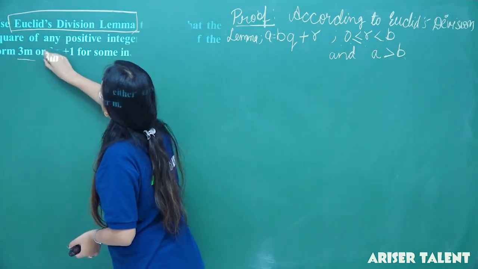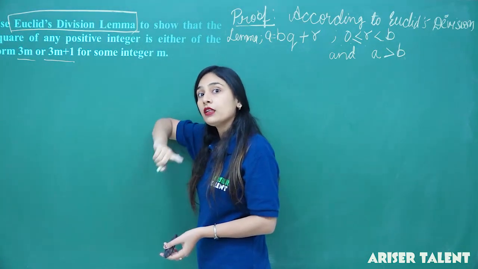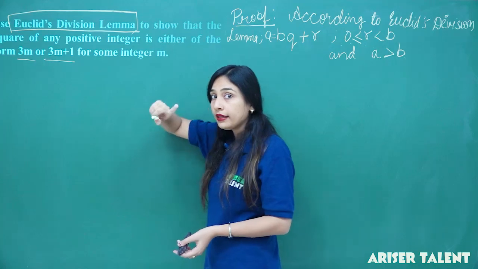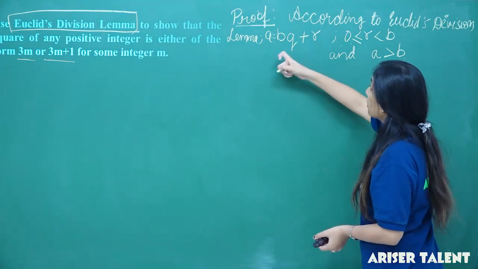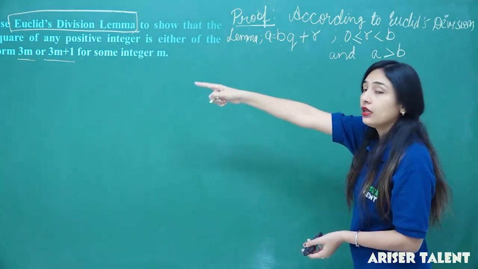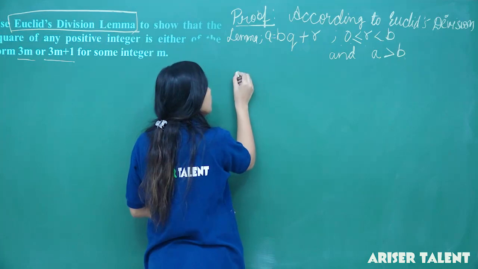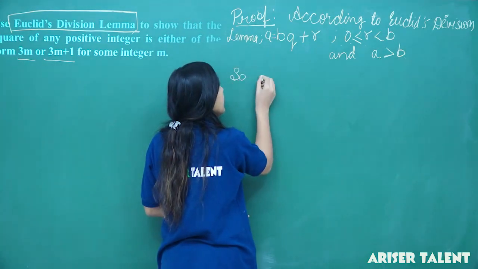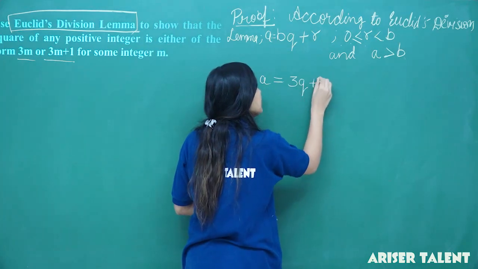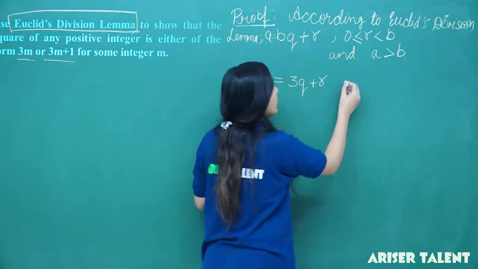Now, look at this carefully, 3m and 3m plus 1. So, what's common? 3 is common here, and look at this equation. So, now how can you rewrite it in a similar form to the given form? Just write it. So, A equals 3q plus R. Now, as the value of B is 3, what are the limits?